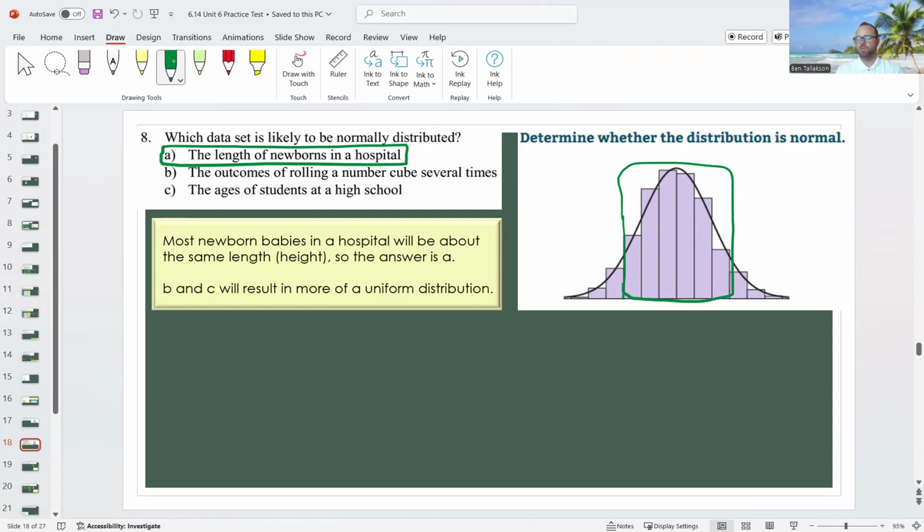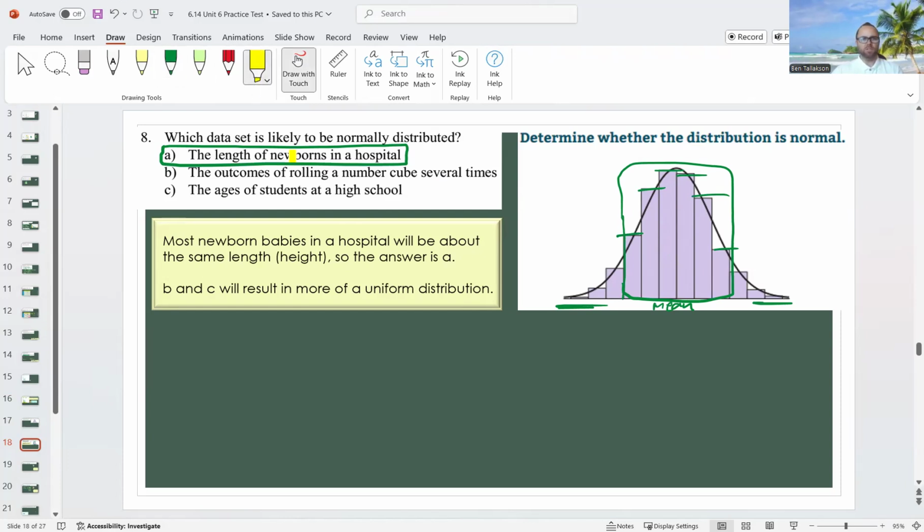Which is all very close to what? The mean. Okay, we're looking at the heights. These are all not too far away from the mean, which is right in the middle. And very few on the very, very low and the very, very high end.